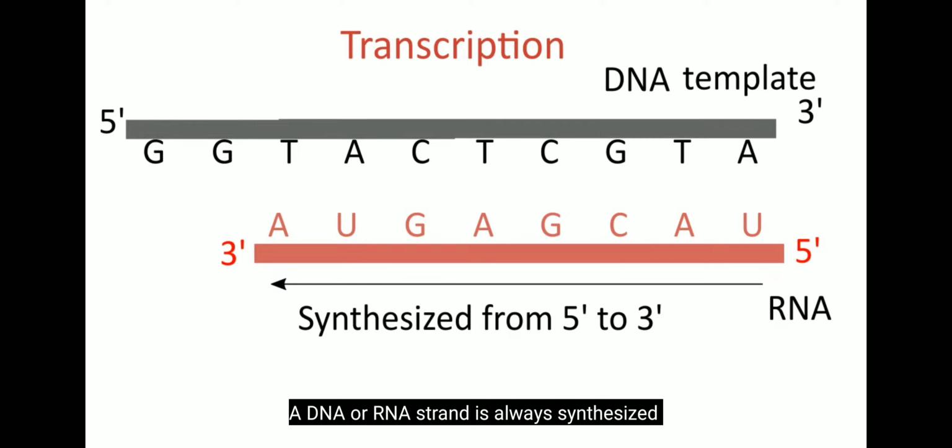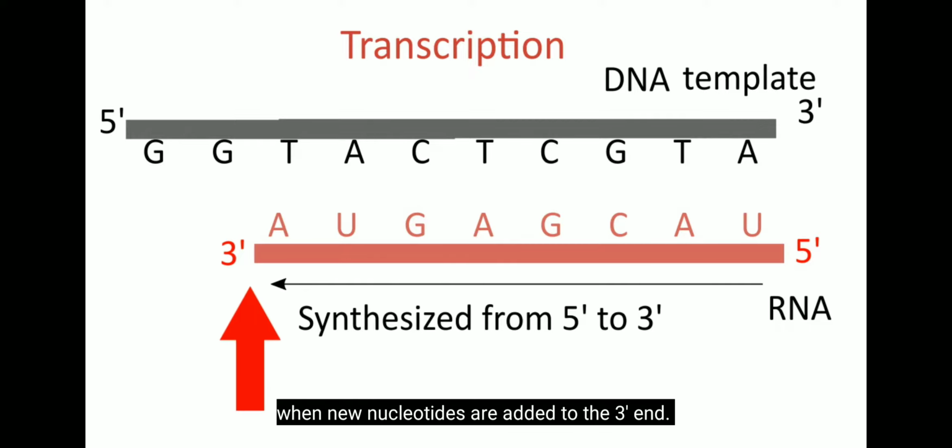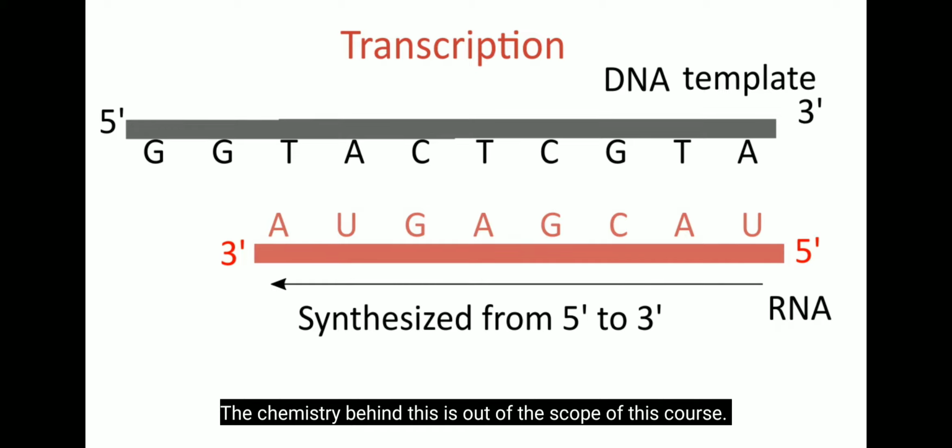A DNA or RNA strand is always synthesized from its 5' end to its 3' end. The reactions only work when new nucleotides are added to the 3' end. The chemistry behind this is out of the scope of this course.